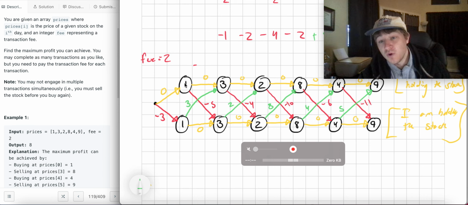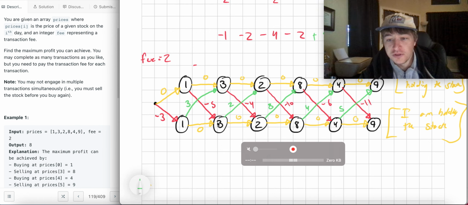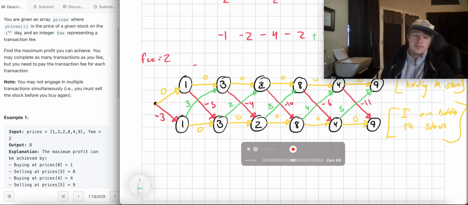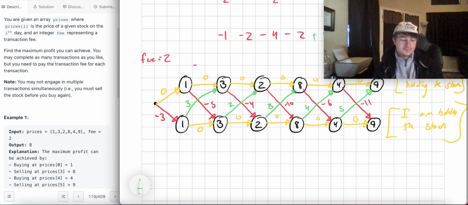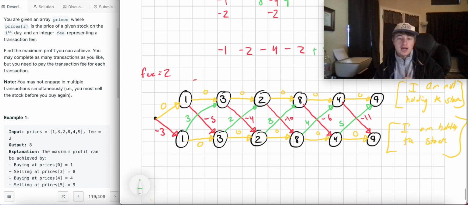And I can't buy twice, because when I buy, I go negative. In order to hold the stock again, I have to sell it before I can hold it again. There's no red edges leaving these nodes at the bottom, and there's no green edges leaving these nodes at the top. I'm kind of exhausted at that point, but hopefully that makes a little sense. It is kind of complicated, this graph.